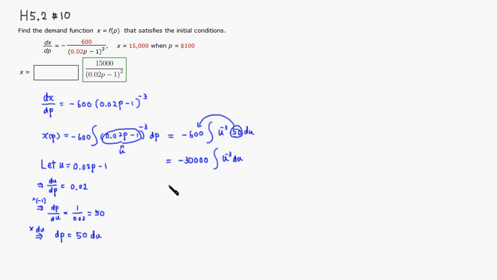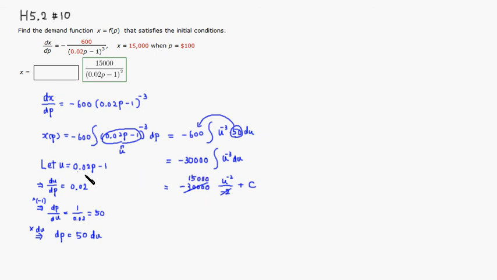Then we can take the antiderivative, so you have negative 30,000, it's just a constant still there, and add 1 to the power, so that's going to be u to the negative 2 power, then divide by that power, so it's negative 2, and plus some constant we don't know yet. All right. Then we can clean it up. Negative 30,000 divided by negative 2 would be positive 15,000.